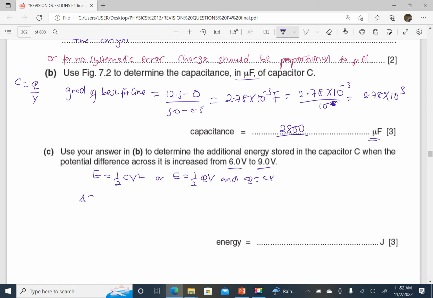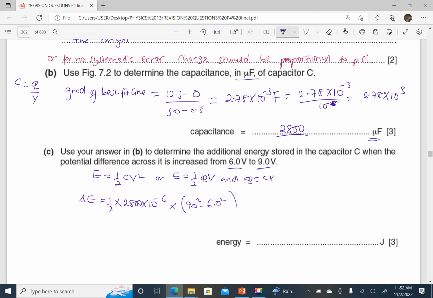So the difference in energy is going to be a half times the capacitance, which is 2,800 times 10 power negative 6. I chose to use that to round off that value. Then times the difference in values of V, which is 9.0 squared minus 6.0 squared. So that we want to find the additional energy when the PD changes from 6 to 9.